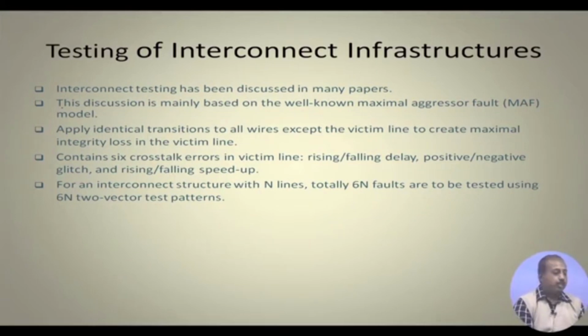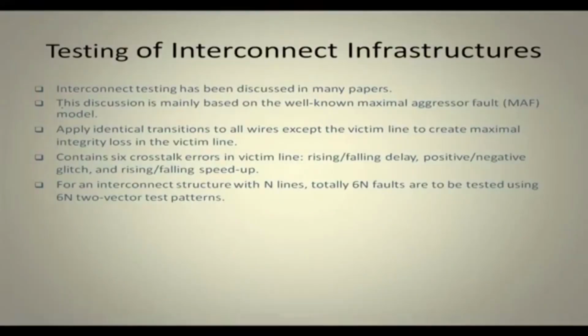Each of these tests requires two vector test patterns, because first of all you have to put all the lines at some particular voltage level, then you have to apply a transition or change. Naturally, change the aggressors and then see the victim point. That way it is going to take time. So, the total 6n 2-vector test patterns are to be applied for interconnects.